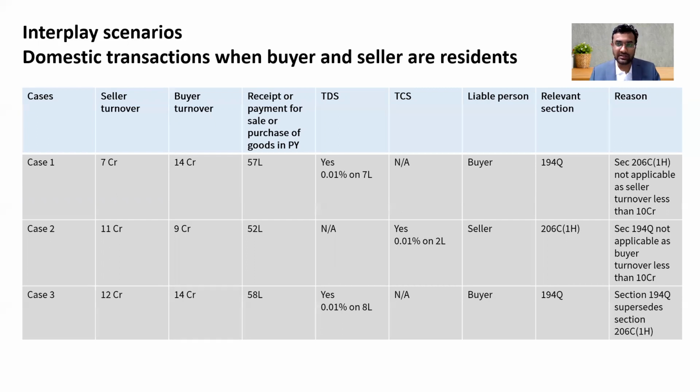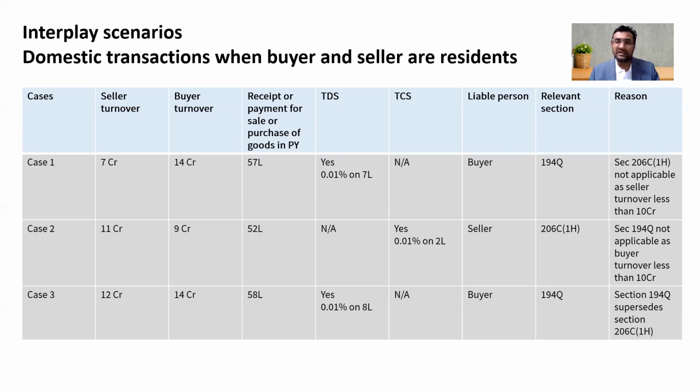On what amount? On the amount above 50 lakh rupees. The transaction in question is 52 lakh rupees. Therefore, 2 lakh rupees is the amount on which the seller will collect TCS at 0.01%.